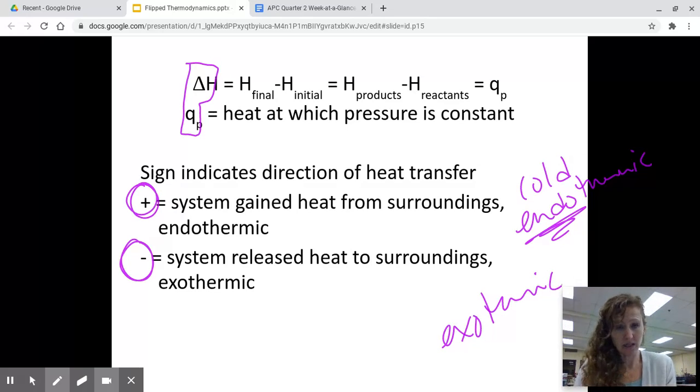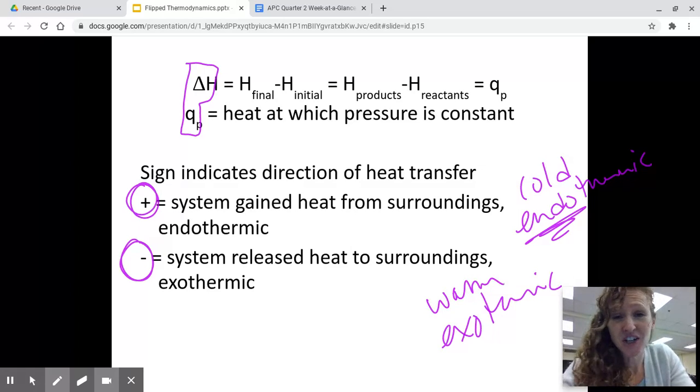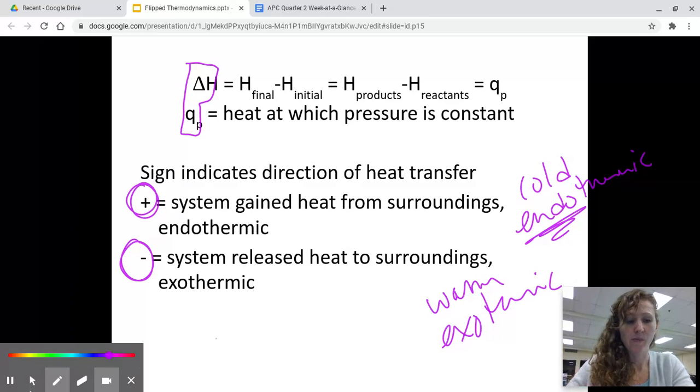Out of the system into the surroundings means energy is entering your hand, and that's going to feel warm. Okay, so just another pitch here to understand those signs, not from the value of a number line, but to indicate a direction of heat flow.